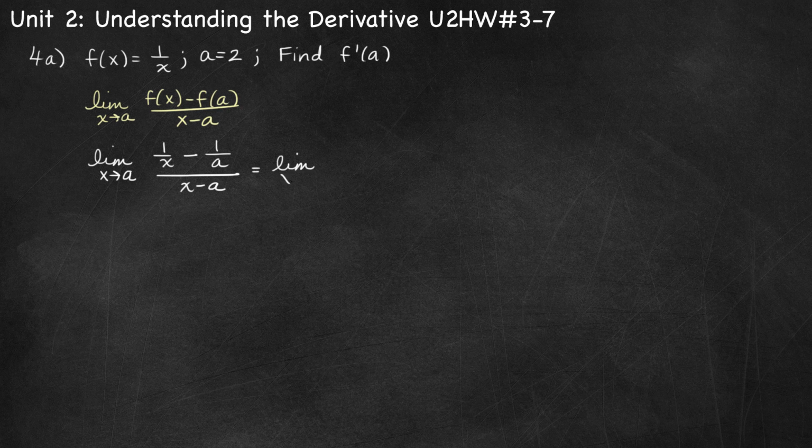This is a complex fraction, so I'm going to simplify. Here, let me erase this. I'm going to simplify by multiplying by the LCD on top and bottom. So the LCD is x times a. I'm just going to multiply top and bottom by xa. So like so.